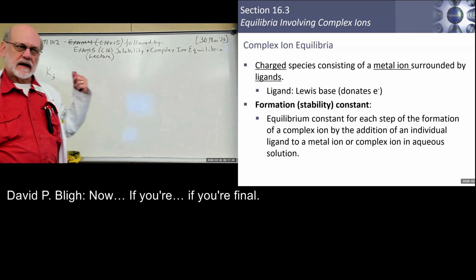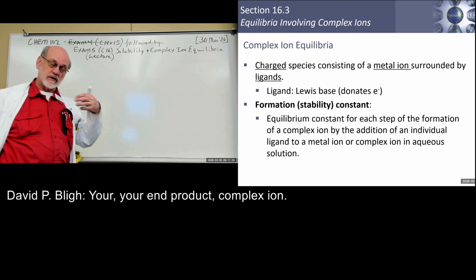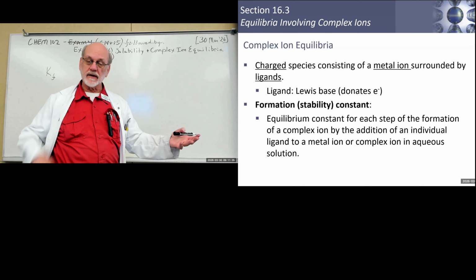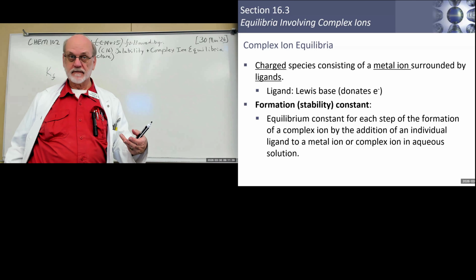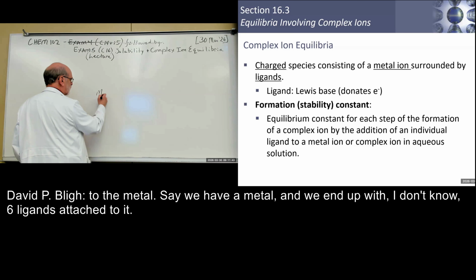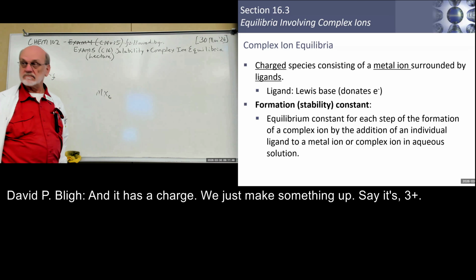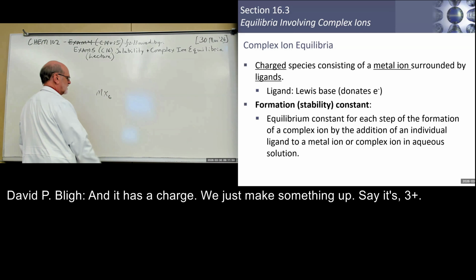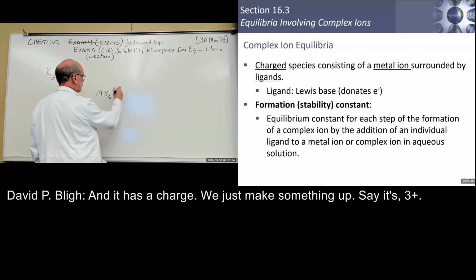Now, if your end product complex ion has multiple ligands attached to the metal, say we have a metal and we end up with, I don't know, 6 ligands attached to it, and it has a charge. We just make something up. Say it's 3 plus.